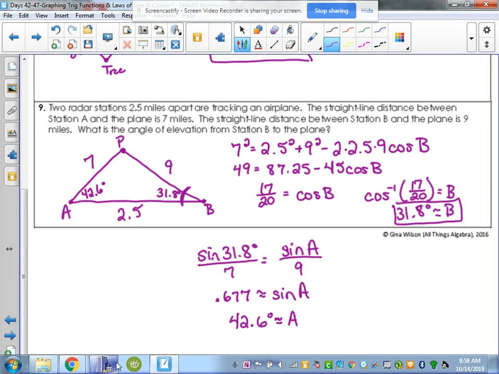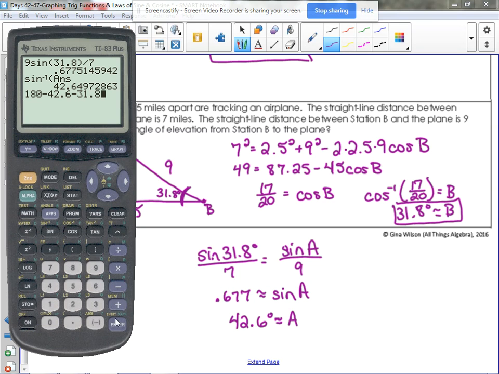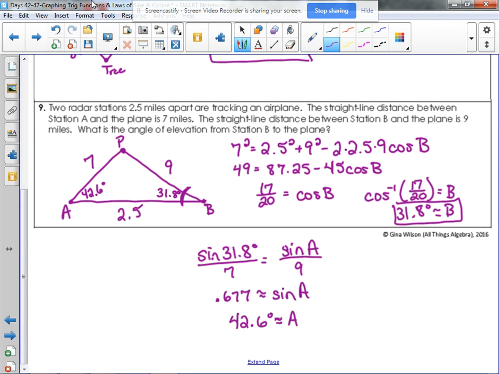Now, is this making sense? If we subtract 42.6 and 31.8, we get 105.6 degrees for this angle up here at the plane. That's not making sense. So we need to back up a little bit.